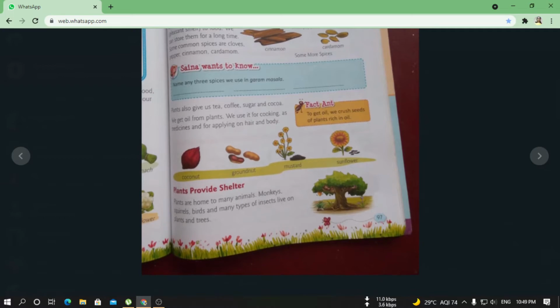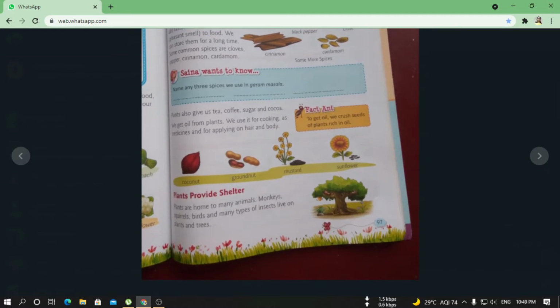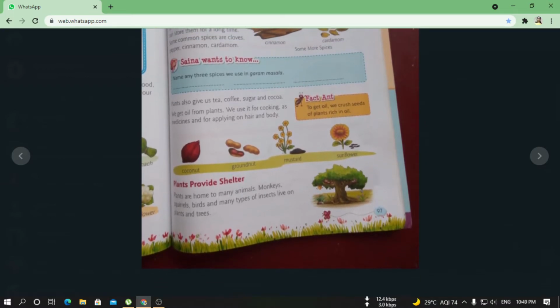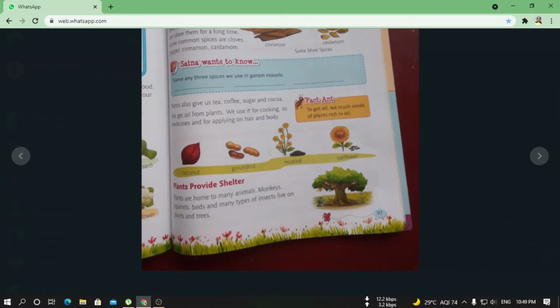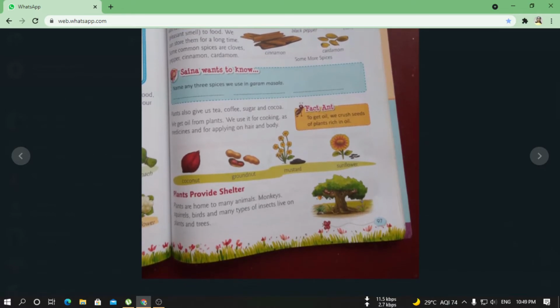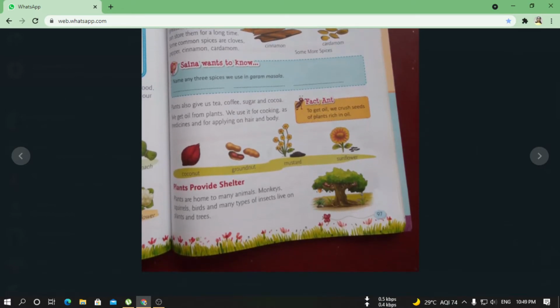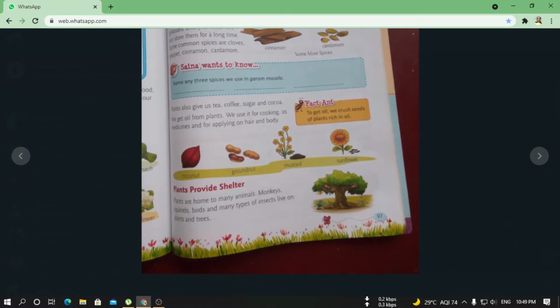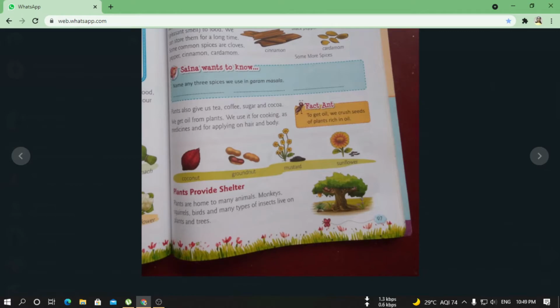Now how plants provide us shelter. Plants provide us shelter for many animals. Plants are the home and the habitat of many animals like monkeys, squirrels, birds, and some insects also.